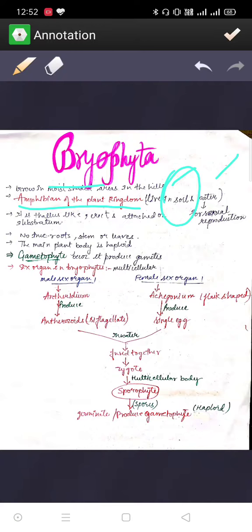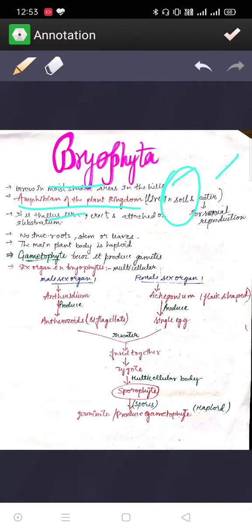It is thallus-like, erect, and has no true roots, only root-like structures and stem-like structures. The main body is haploid. The sex organs in bryophytes are multicellular.